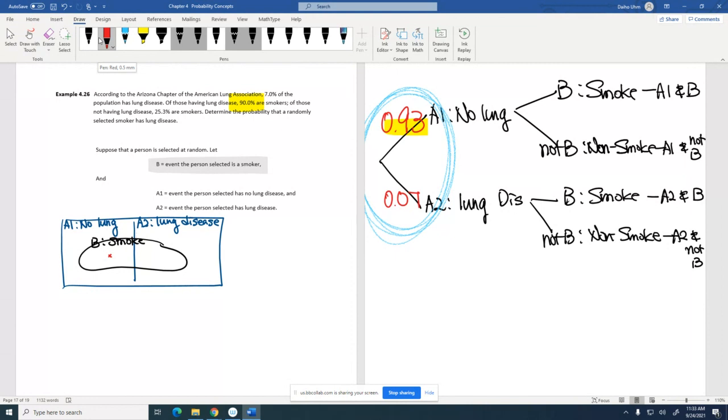Among the patients who have the lung disease, 90% smoke. So the second probability, 0.9, must go here. Does it make sense? Among the patients who have a lung disease, 90% are smoking. So the 0.9 must be there.